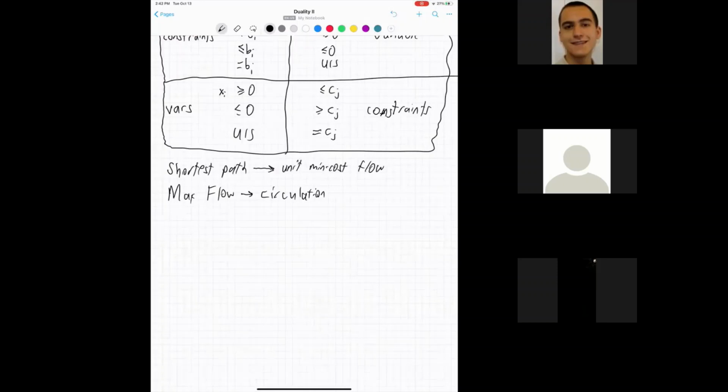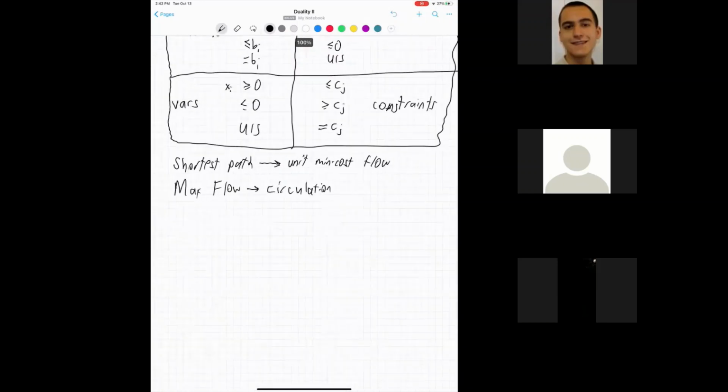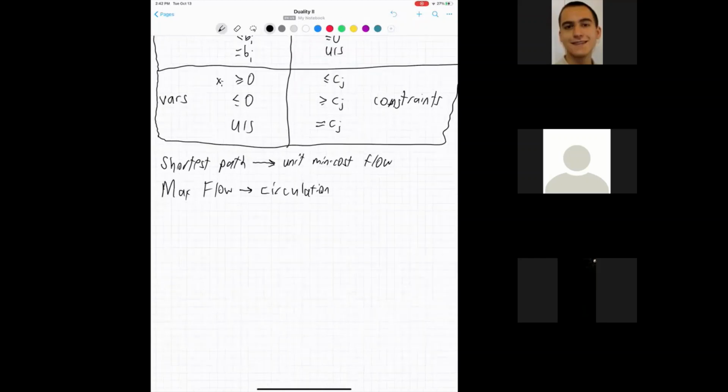So I'm going to add, wow, sorry, my pad is behaving strangely. I'm going to add a TS edge.